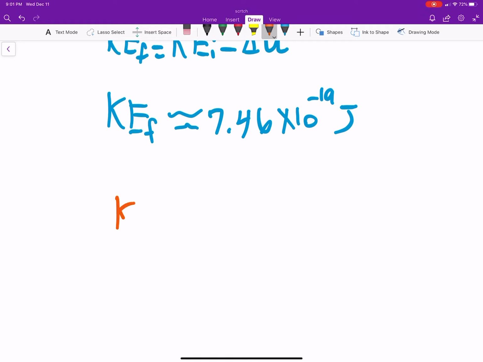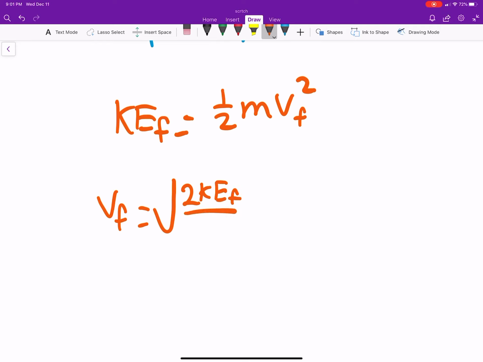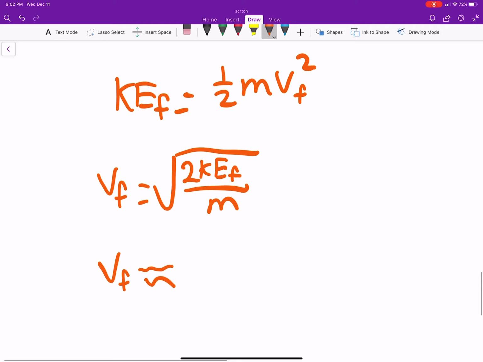And again, just like in part A, we can say kinetic energy final is equal to 1/2 m v final squared. And following the same math, v final is equal to the square root of 2 times our kinetic energy final divided by our mass. The mass of an electron, the kinetic energy we found above, times 2, square root.